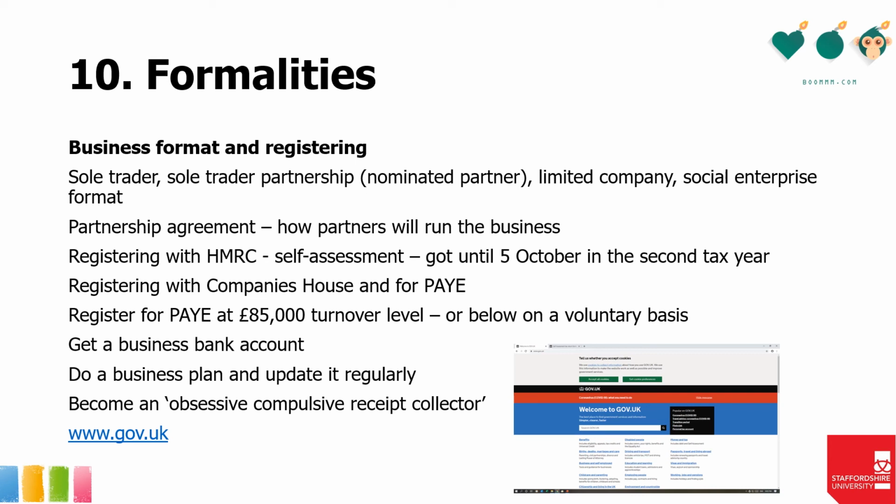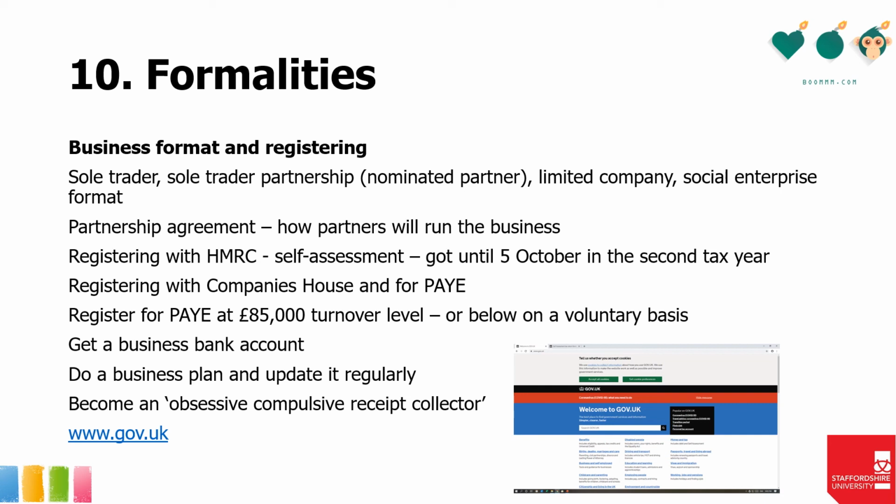And in terms of record keeping, because we've gone through Making Tax Digital, any business that's VAT registered has to keep their business accounts on a software platform like Xero or like Sage.